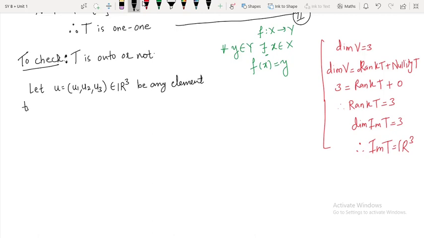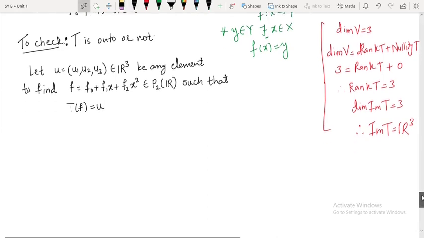So to find, now how does an element of domain look like? Now since it is P2 of R, I will call it as f0 plus f1x plus f2 x square belonging to P2 of R, such that T of f should be equal to u.